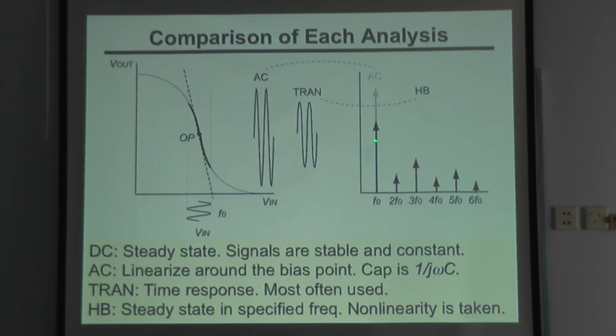In transient, we have this amplitude, and this is the correct result. Once we have FFT, it has higher frequency components, 2, 3, 4, 5, 6, 8. And for harmonic balance, we can directly have this amplitude and phase.